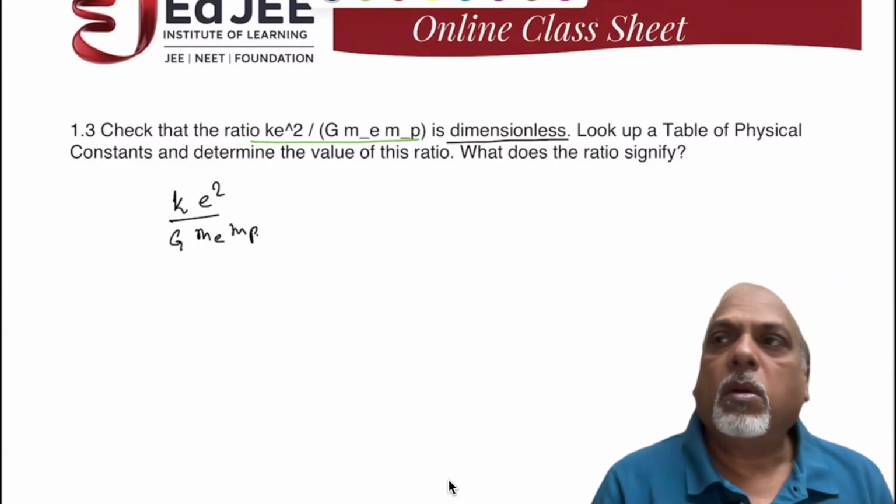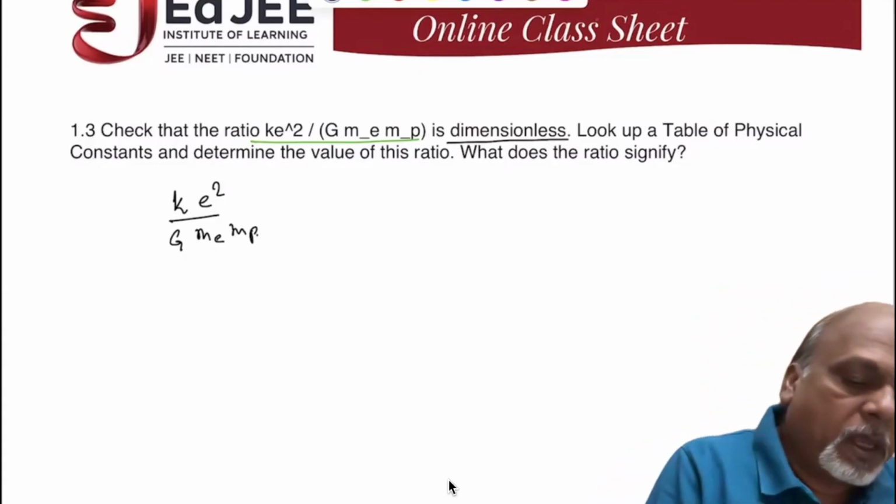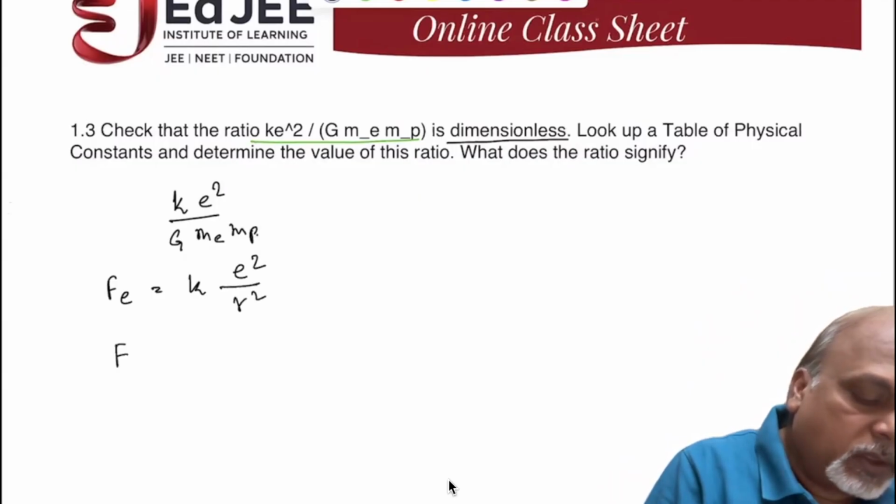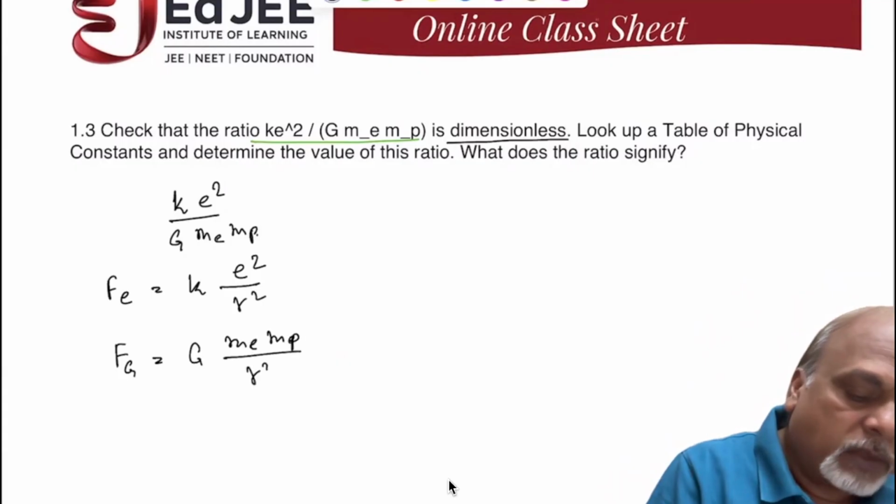Now, if we see Fe, that is electric force, what is this? K e square upon R square. And gravitational force is nothing but G m_e m_p upon R square.